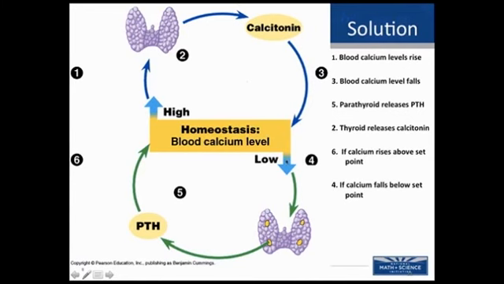If blood calcium levels fall too low and they fall below the set point, then the parathyroid glands that are on the back of the thyroid gland will release parathyroid hormone. So the parathyroid hormone then is going to cause blood calcium levels to increase. If blood calcium levels go too high, then we start that process over again.